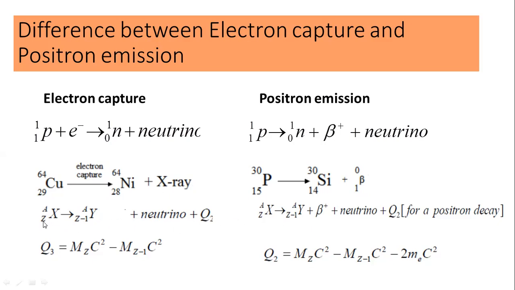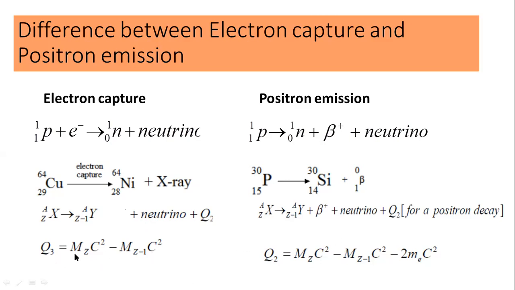This is the atomic number of the parent, and the daughter has one atomic number less than the parent, plus neutrino plus Q value. Here it is also a similar equation, but you have the positron for the positron emission, and the change in the atomic number and mass number is the same in both of the cases. Energy release is the big difference between the electron capture and the positron emission.